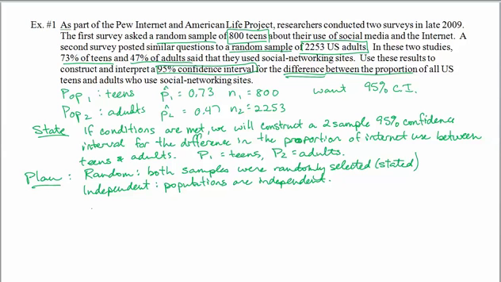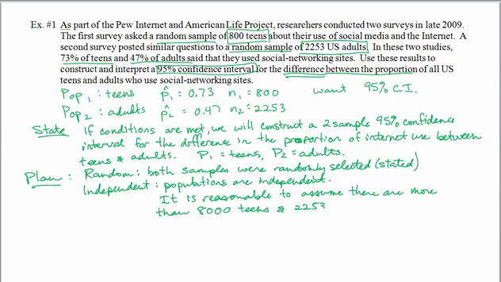And it is reasonable to assume there are more than 8,000 teens and 22,530 adults in the United States. We have satisfied the 10% condition.